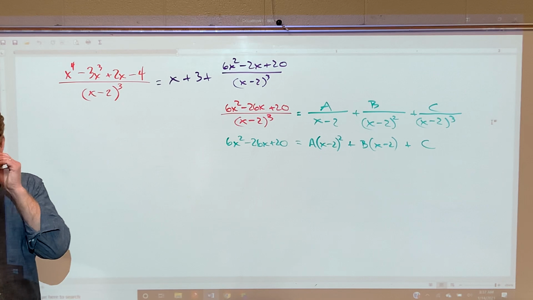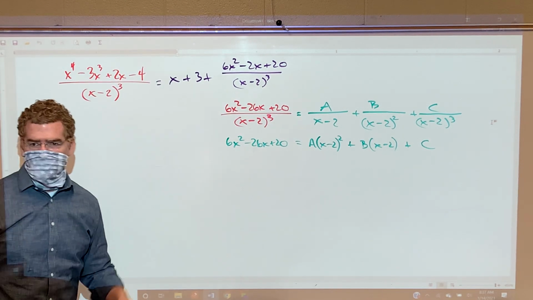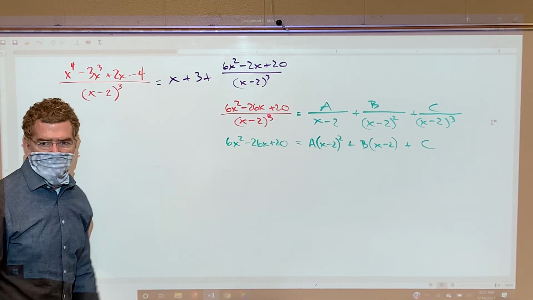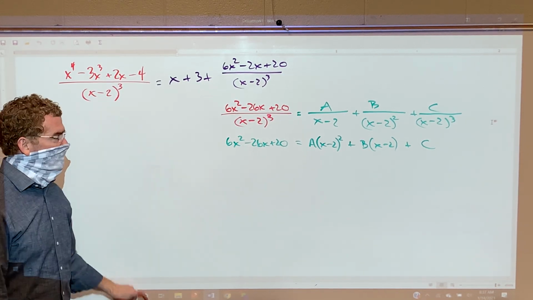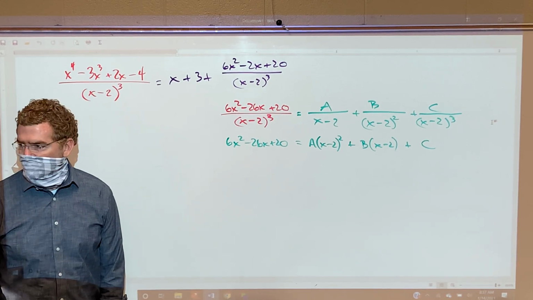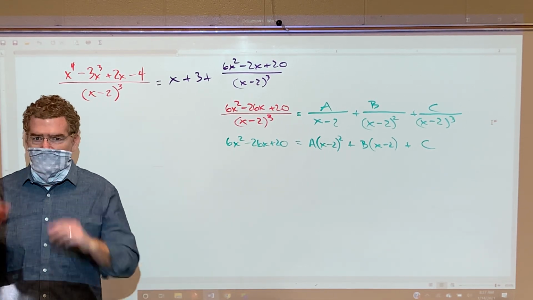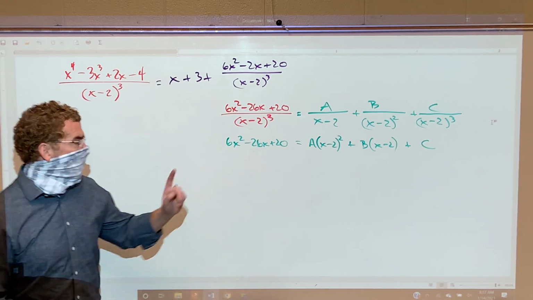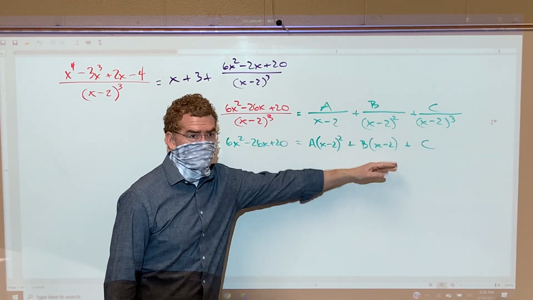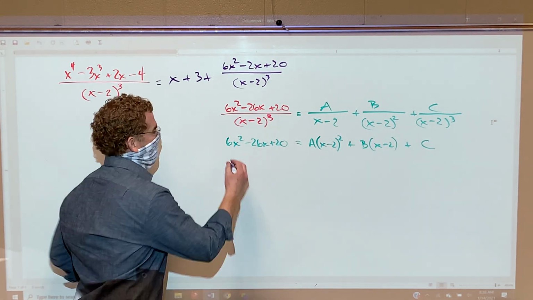So, how can I solve this? There's lots of ways we talked about in class or in the video. Somebody help me with something that would be nice and neat and could help me out. Plugging a 2. I love that idea because plugging a 2 in will eliminate any A or B or C that has an x minus 2 in it, which is all of them but C. So great first start.